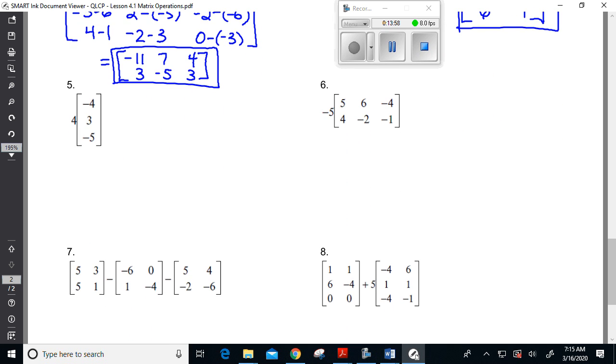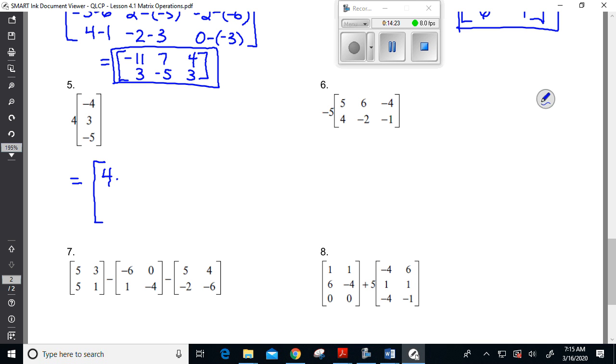Problems 5 and 6. Examples of the scalar multiplication. So again, scalar multiplication is just multiplying. So 4 times that matrix is, now in this case the dimensions don't matter. You're just taking everything, multiplying it times 4.